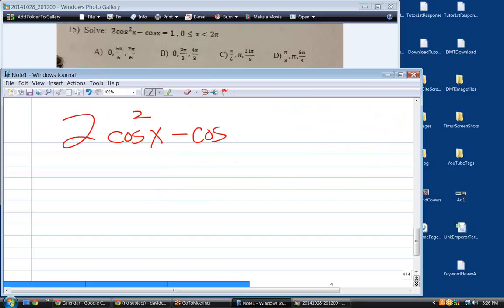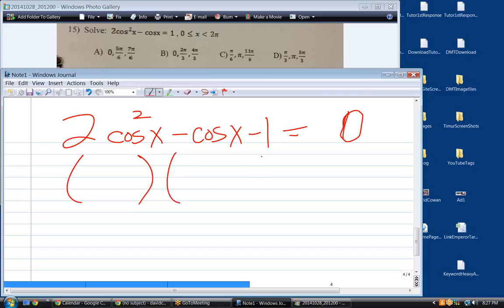What are we going to do here? Bring the 1 over to the left. Now what are we looking at? Quadratic. Okay.